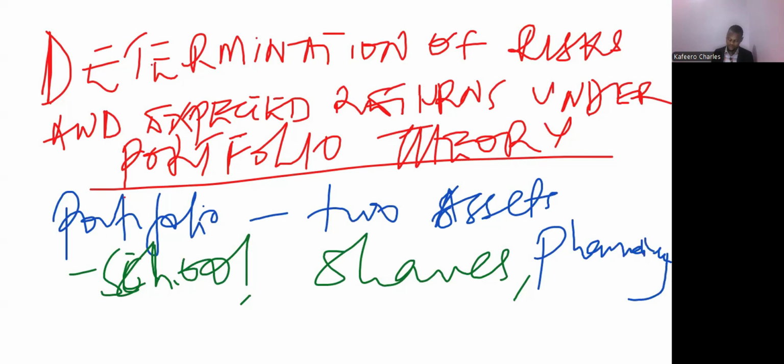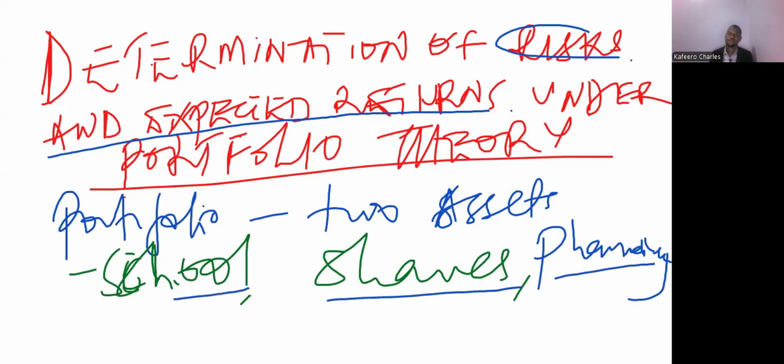Now the examiner will be interested in knowing how you can choose which investment project you should undertake. Remember, we said there is no way we can compute risk and expected return for a portfolio that exceeds 2 investment projects. Here we have a school, shares, and a pharmacy or pharmaceutical business.